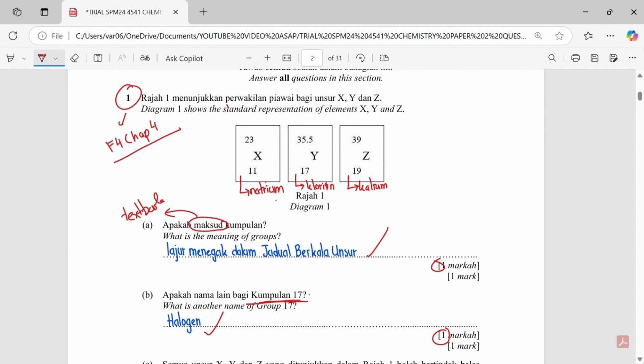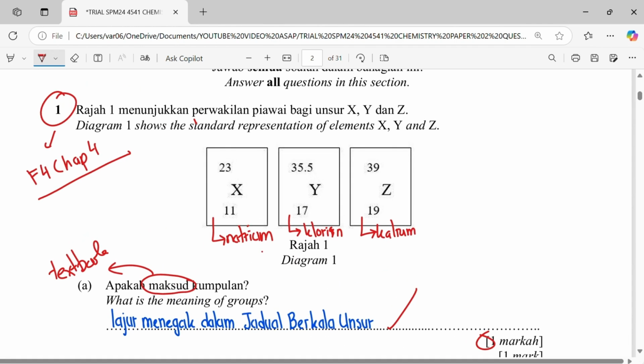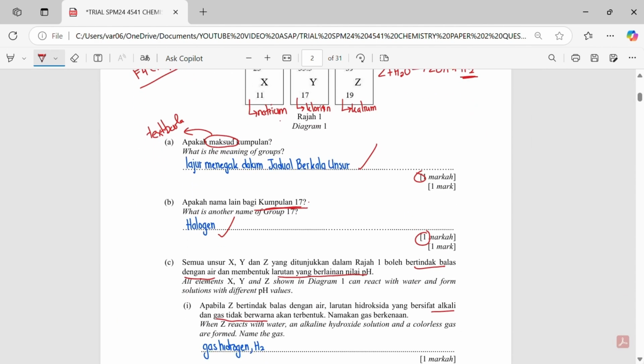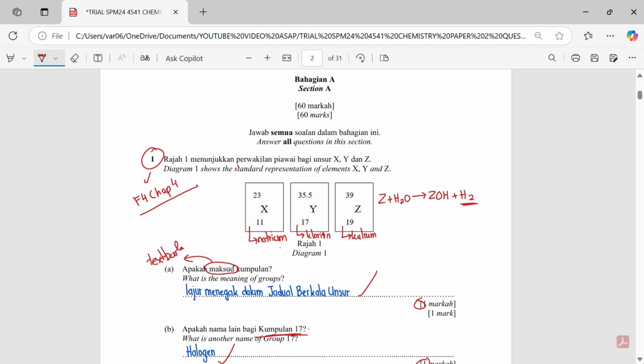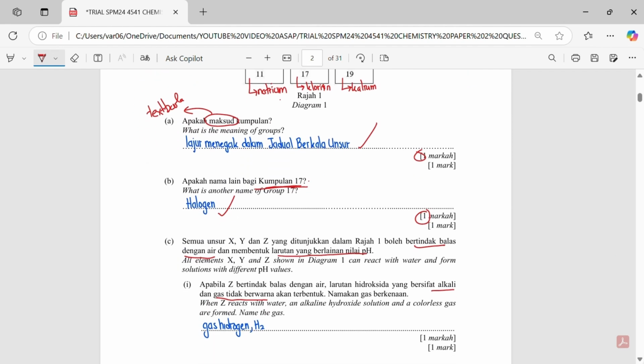Z is basically kalium, which is potassium in English. So when Z reacts with water, it will basically form kalium hydroxide as well as gas hydrogen. Okay, so this is your answer down here, which is gas tidak berwarna yang akan terbentuk is your gas hydrogen lah.